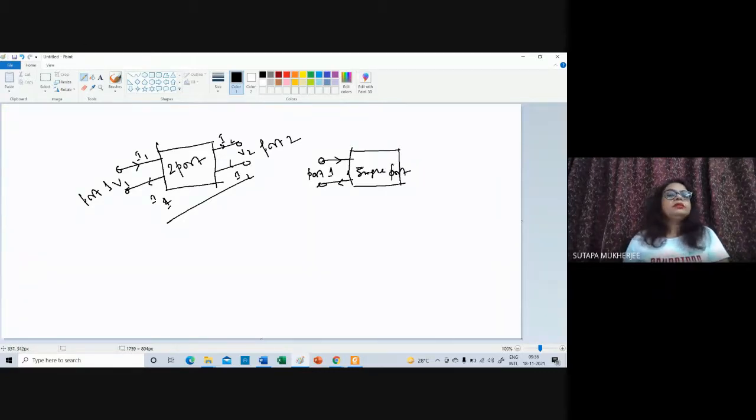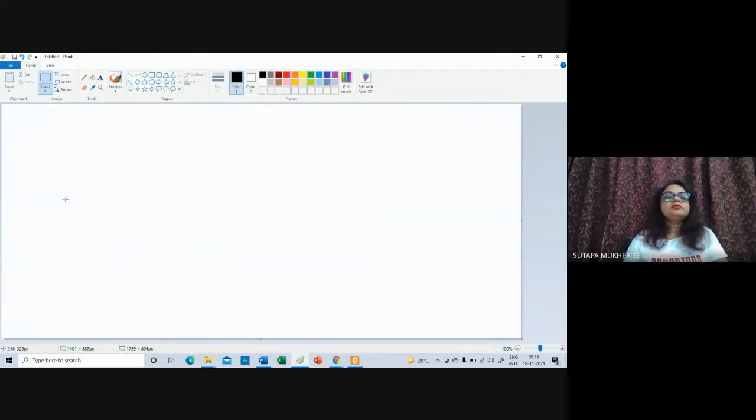Now, there are different types of parameters in case of a two-port network. Already somebody has said, ma'am, you will explain different parameters. Yes. First of all, the first parameter is called the impedance parameter. You are writing? Impedance parameters.